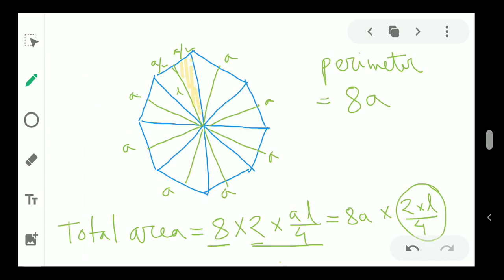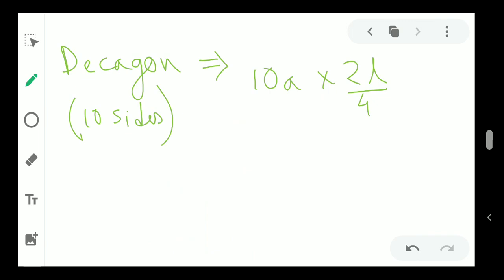What is L? L is this distance, from here, the center, to one of the sides, and a is the side length. Okay, now for a circle, in this case, one more thing to tell you, this is the perimeter. So you have to multiply.